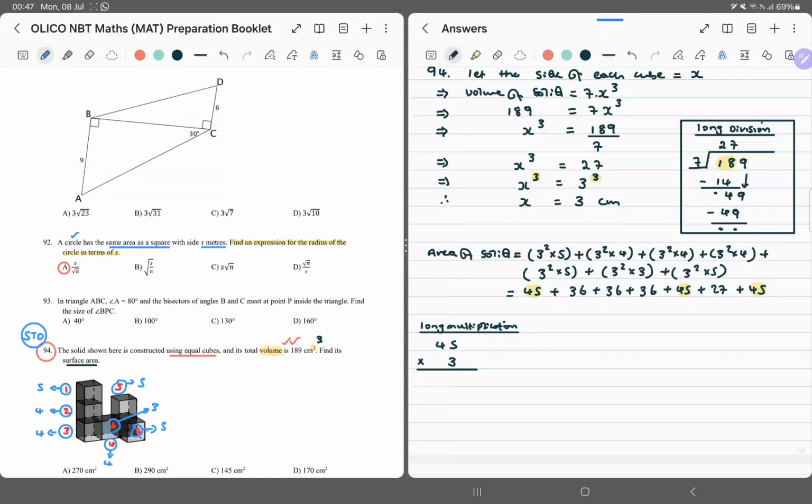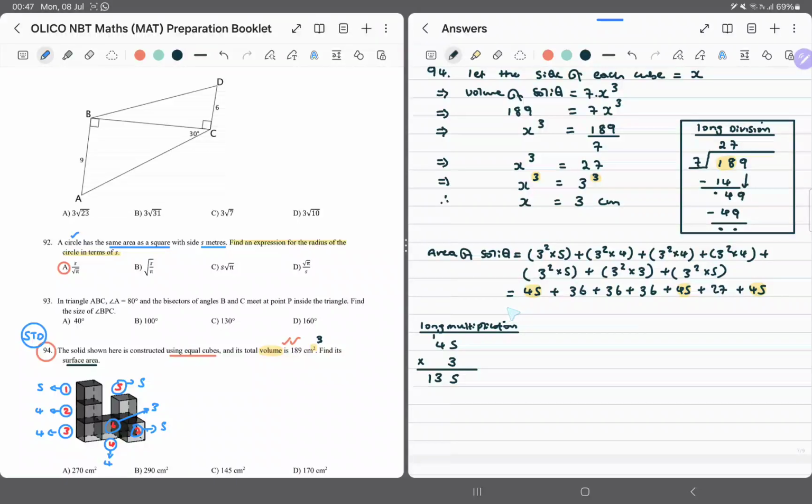So procedure is 3 by 5, that is 15. We put 5, we carry 1. So 3 by 4, that's 12, plus 1, that's 13. So this is 135. Right? I hope that is correct. Yeah, it looks correct to me.